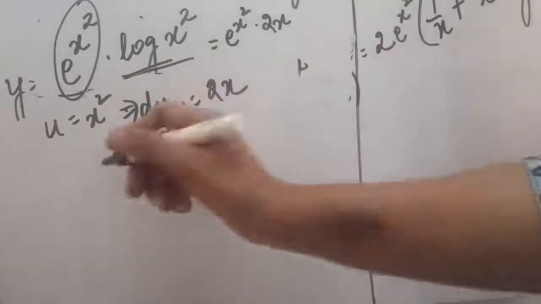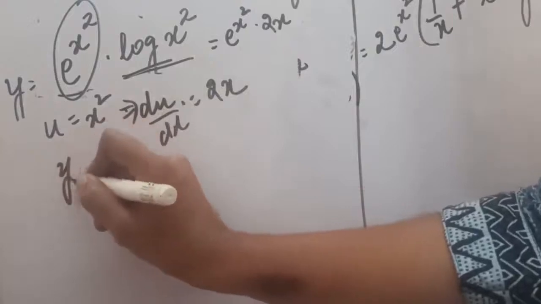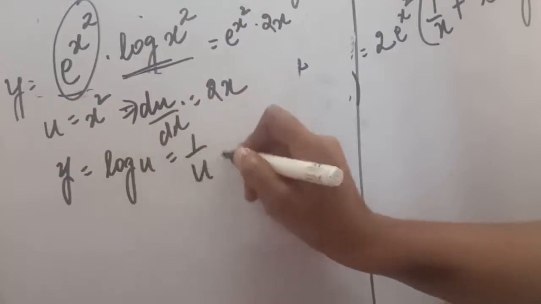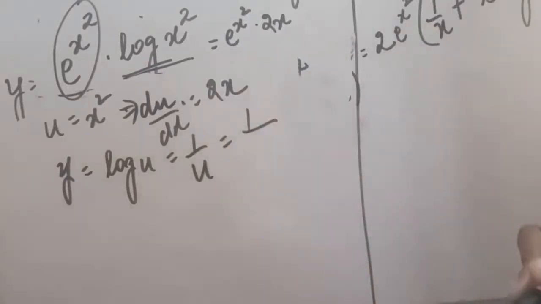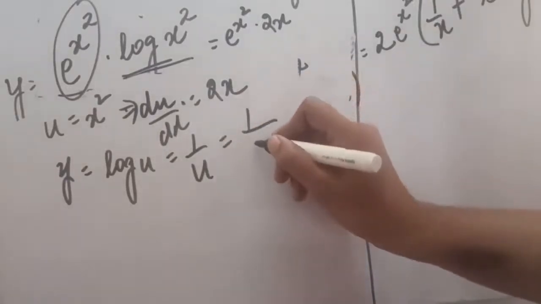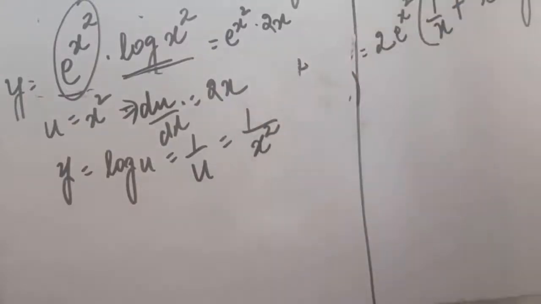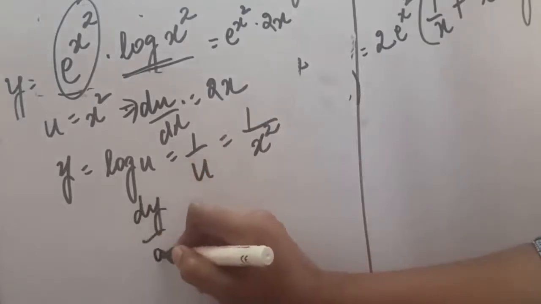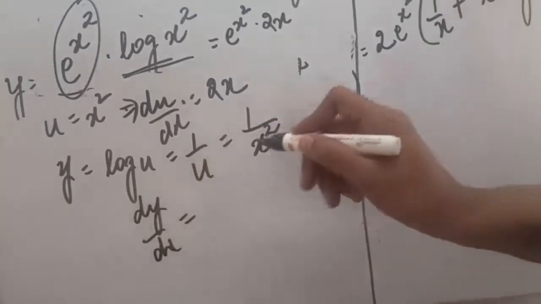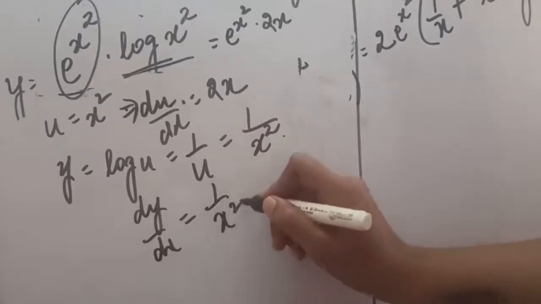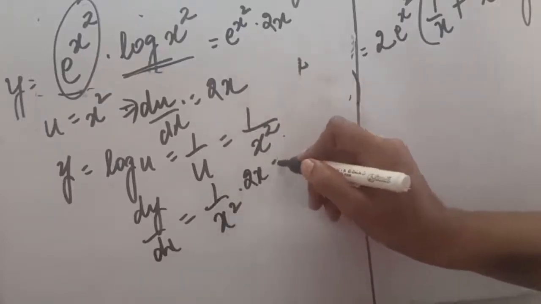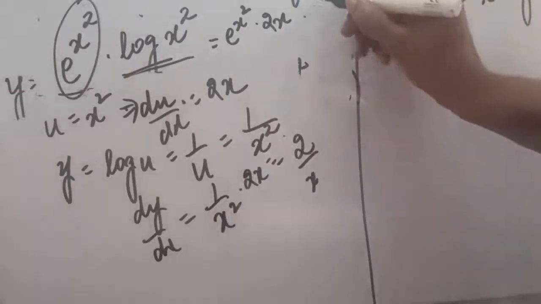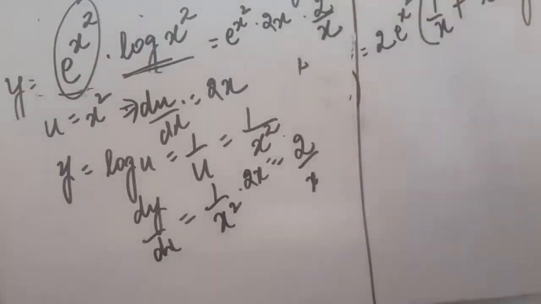Alright, so if again we take y here, y will be log u, so the derivative will be 1 upon u, and if I fill in the value over here, it will be 1 upon x². Now if we apply the chain rule, what will dy upon dx be? This is 1 upon x² into this 2x, so ultimately this x will be cancelled, 2 upon x. So here it will be 2 over x.